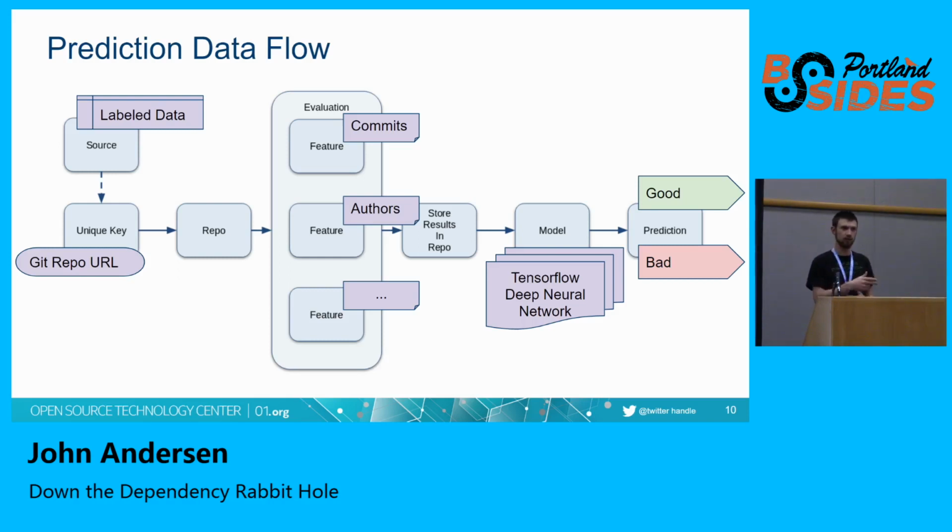It's just a command line flag to switch from scikit to TensorFlow, and now we're training using TensorFlow, and we get 90% accuracy. So that's good enough right there. We're going to start using this 90% accuracy to drop the ban hammer on things as people submit them, so they don't have to wait for this 4 to 6 week turnaround to hear that they need to change all their code because they used a bad dependency.